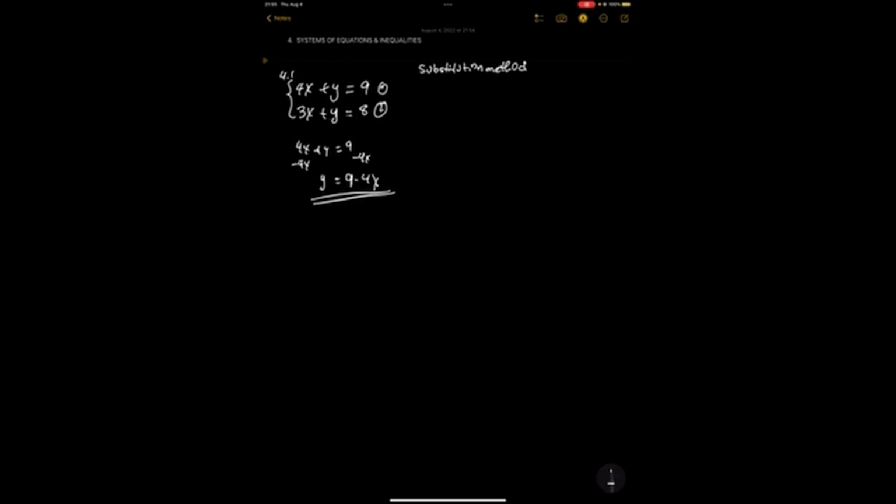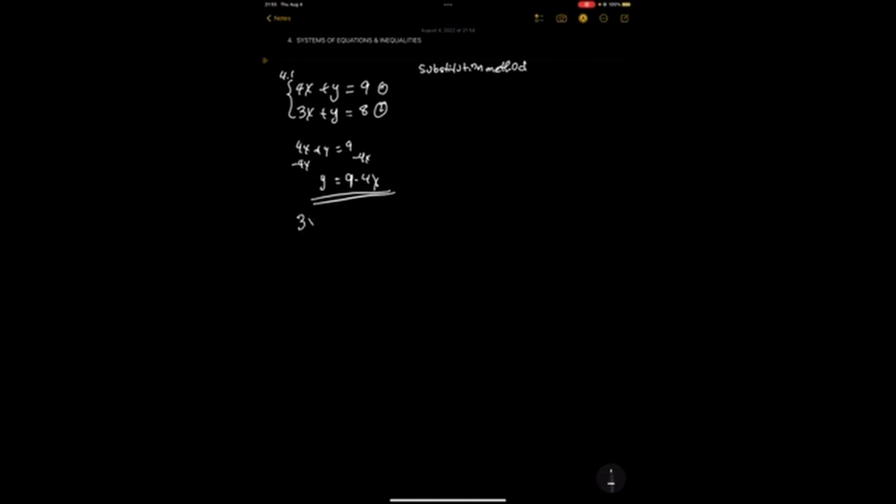Well, I just found the equation for the first one, which is y equals 9 minus 4x. But I also have a second equation, which also contains y. So I'm going to replace y in the second equation.